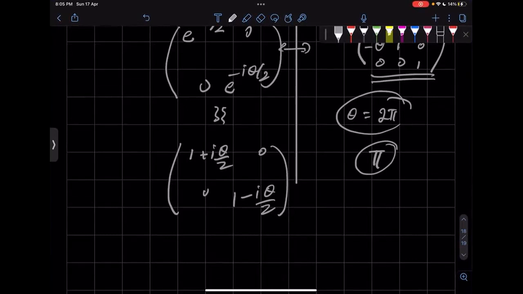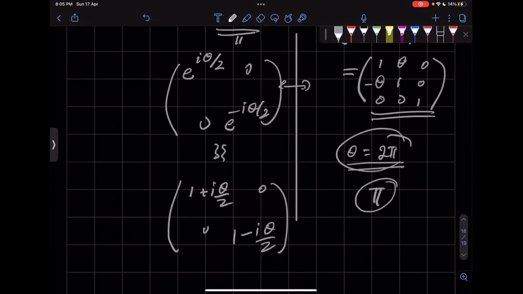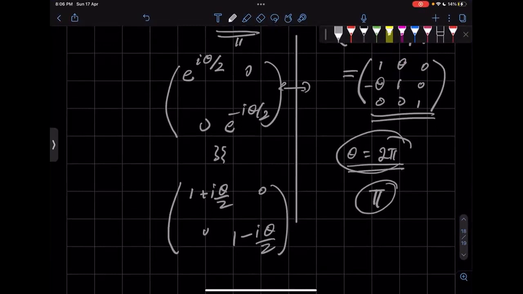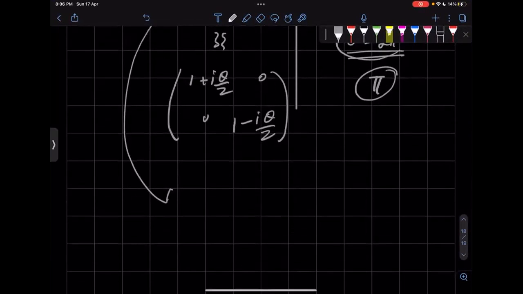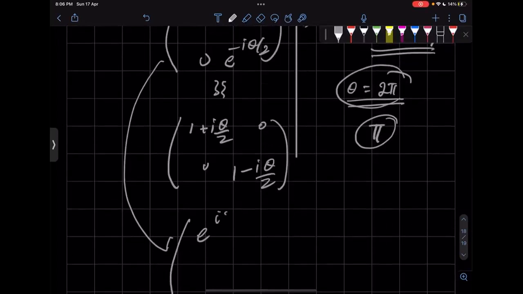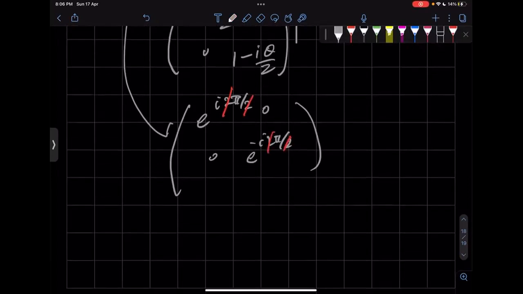Now, what if I take theta to be 2 pi, where you came back to the same point as the identity? For SU2, if I put theta equal to 2 pi, I get e to the power i 2 pi by 2, 0, 0, e to the power minus i 2 pi by 2. But these 2's cancel, and e to the power i pi is minus 1.